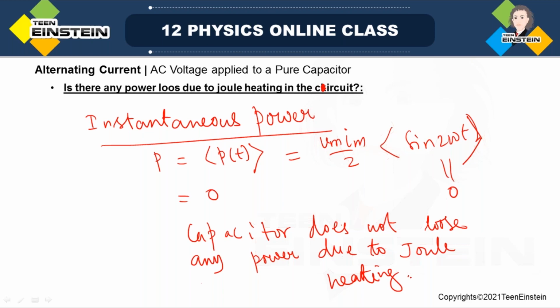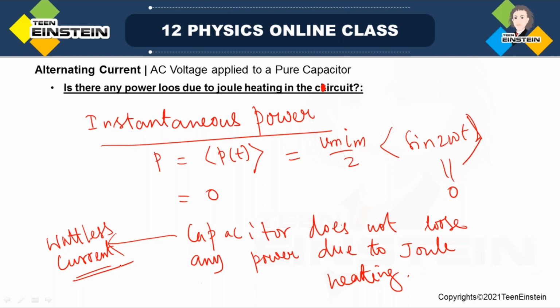This I had already discussed, but we will be discussing in detail what is called wattless current. This is called wattless current, the current in the capacitor, because it does not have any joule heating loss.